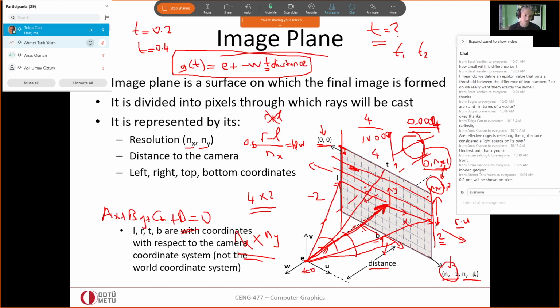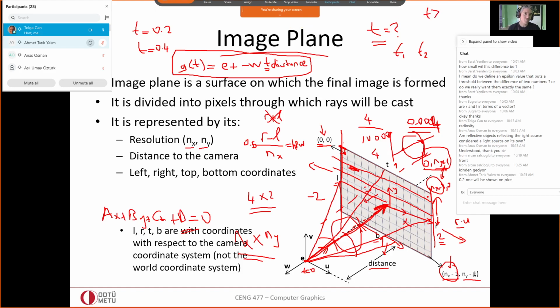Exactly. The sphere is inside the camera, so we shouldn't be able to see this object. For our camera model, if this is like a camera with an image plane in front, we should be able to see only objects that are in front. So we are interested in intersections in which t is greater than or equal to 1.0.